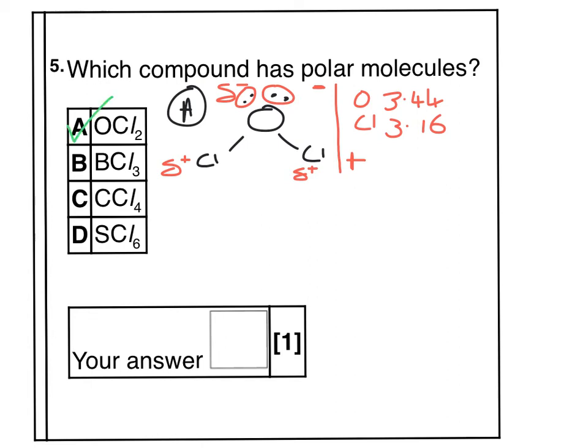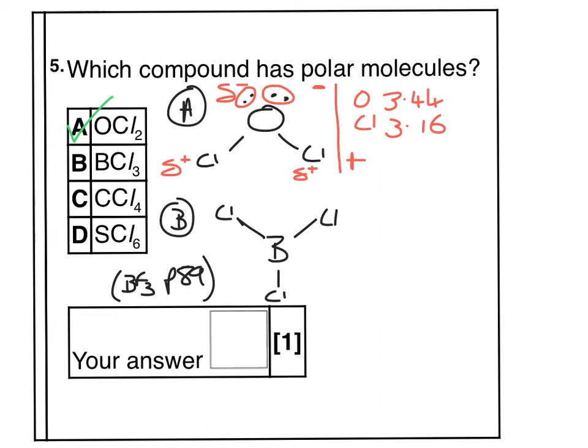Okay, we can just check in with B. B is boron trichloride, and they are all evenly spaced around. This is one of those compounds that doesn't fit the octet rule. It's similar to BF3 on page 89, so you could take a look at that.